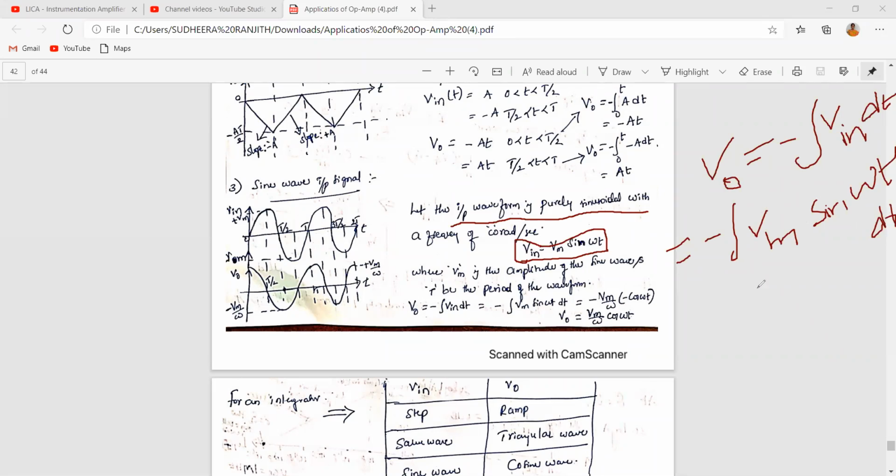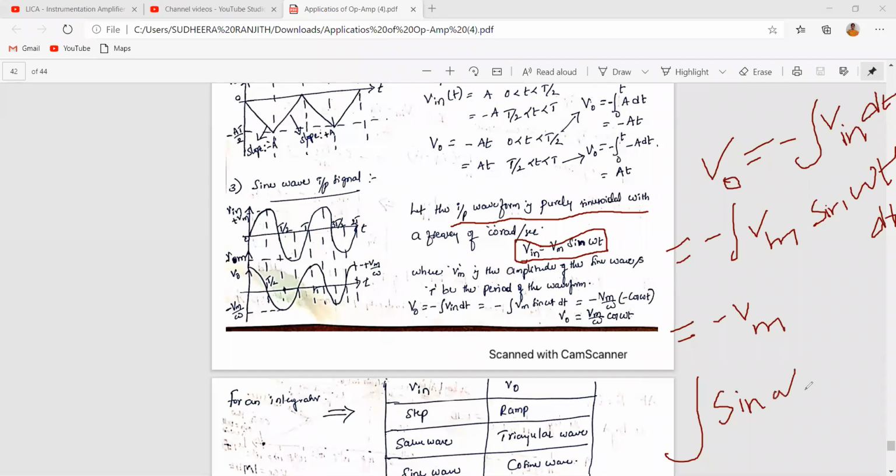Vm is constant, take it outside, so minus Vm integral of sin omega t dt. Integration of sin theta is minus cos theta, right?